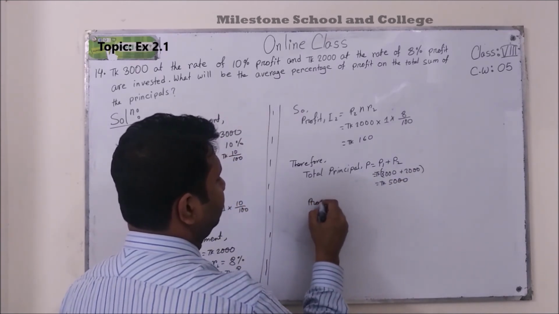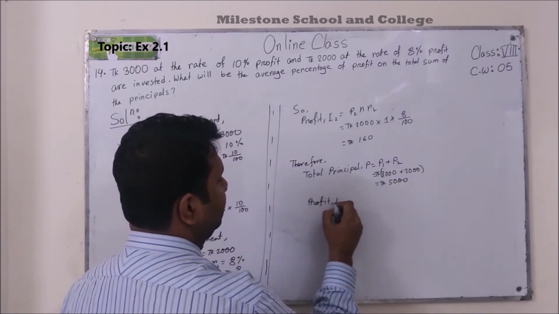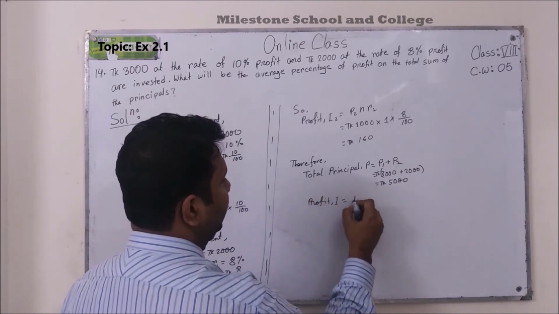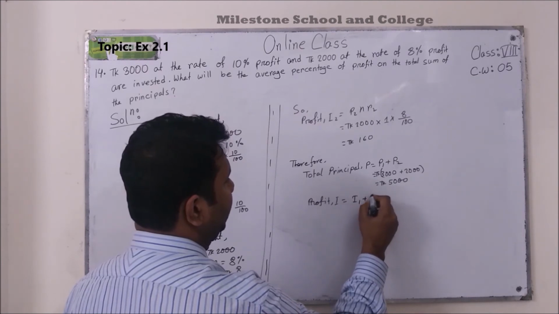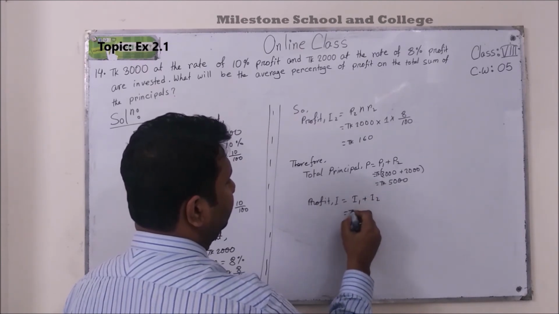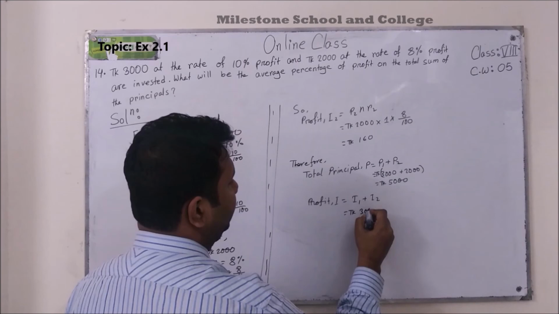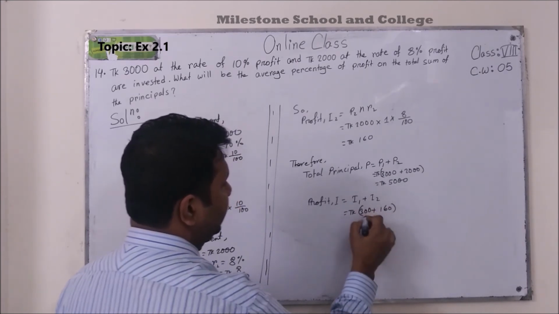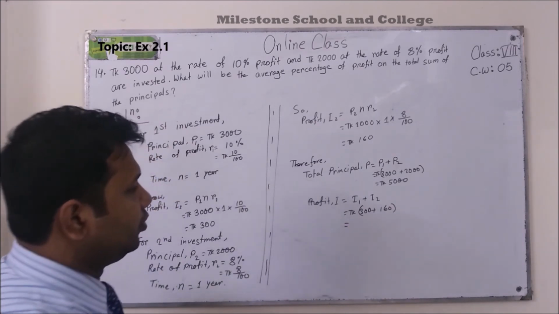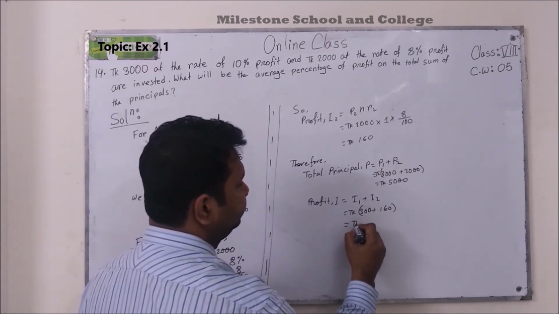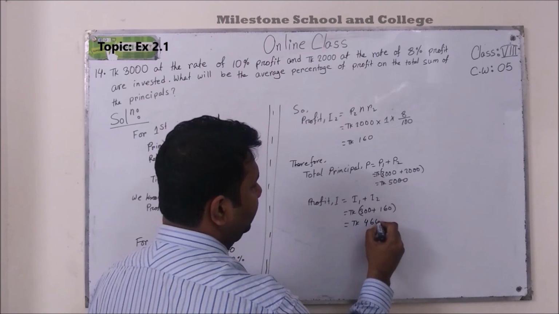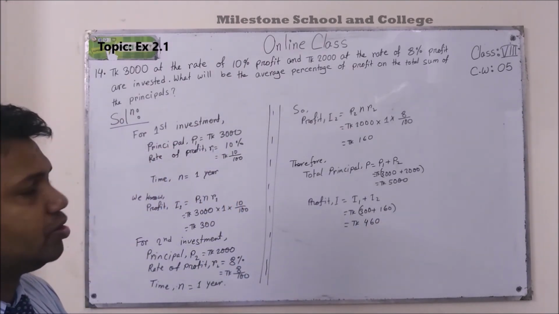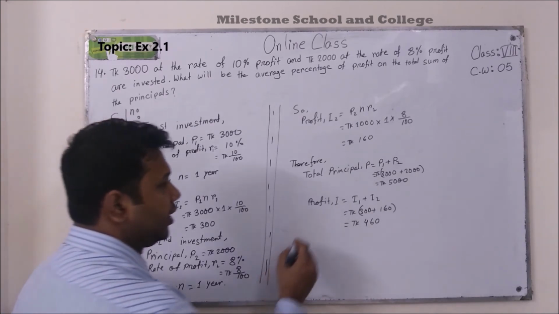Profit I equal to I1 plus I2, taka 300 plus taka 160, so it will be taka 460. So we get the total profit and total principal.